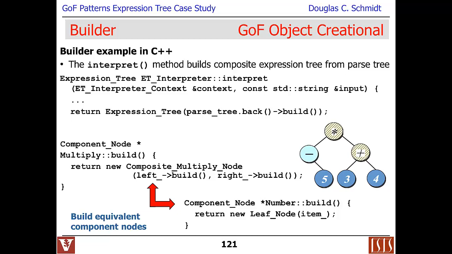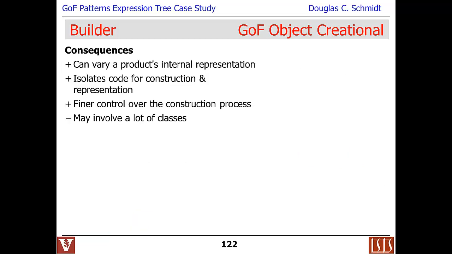So all that stuff is being centralized and isolated, and it's all done in a common way. Once you get the feeling for it, it's almost paint by number. But when you first see it, there's a lot of moving pieces. It can be daunting at first. And you can get very fine-grained control over the construction process because you're able to build all the various elements and sub-elements needed to build a complex composite.